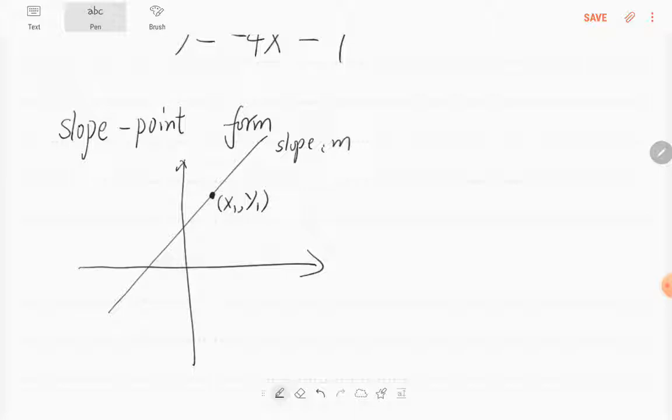We can find the equation for the straight line by the slope-point form. How to find it? It is y minus y1, the y coordinate for the given point on the line, equals m times parentheses x minus x1. x1 is the x coordinate for this given point. So this is called the point-slope form. Right? Let's look at an example.